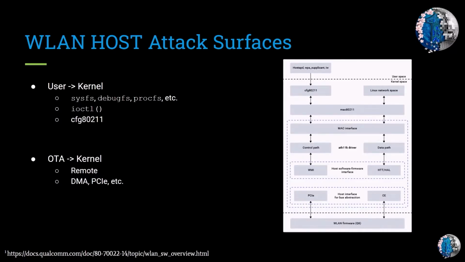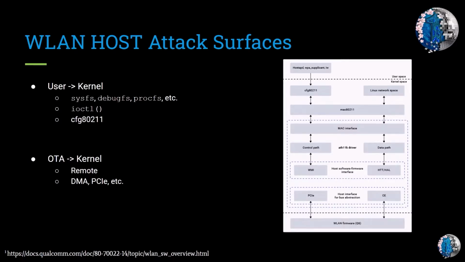Everybody's familiar with how traditional Linux kernel drivers have a pretty big attack surface from user space. So you have all the same things a normal driver would have, like sysfs, procfs, debugfs. You also have ioctls. In WLAN, they call them wireless extensions.